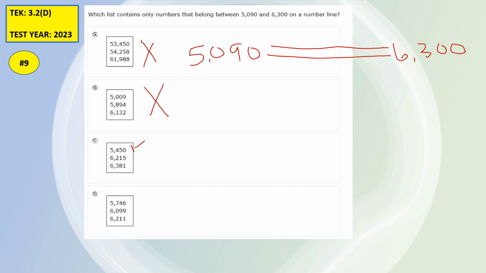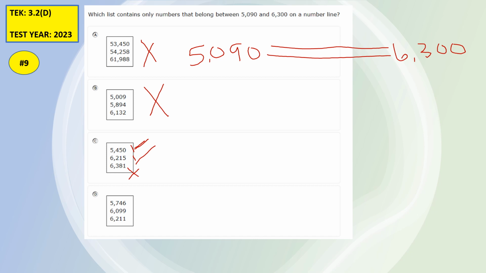That number would definitely be between 5,090 and 6,300. The second number is 6,215. I'm getting excited because that number would be between 5,090 and 6,300. Let's look at the third number in the list. 6,381. That's not going to work. That number is going to be after 6,300.